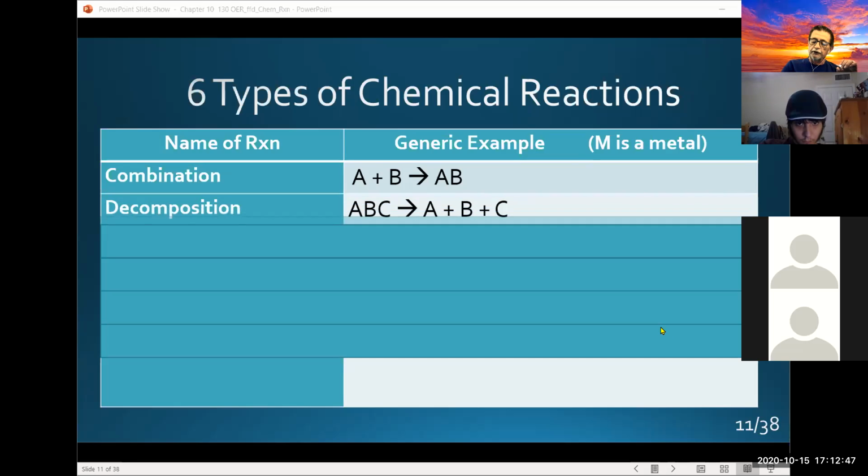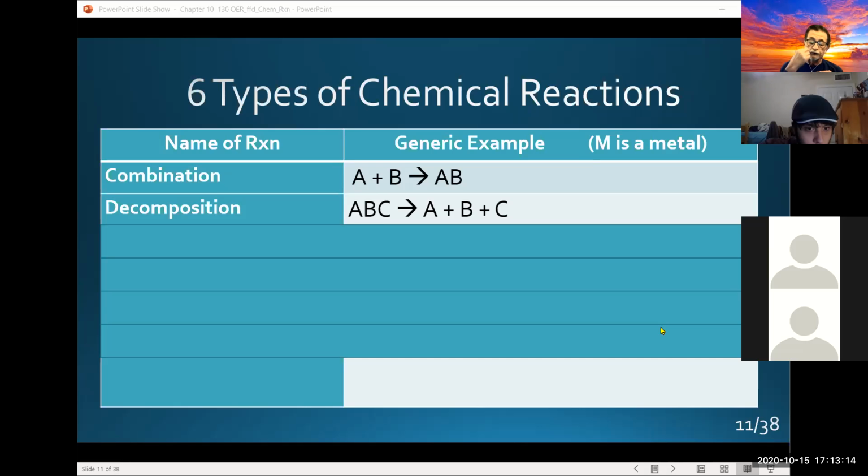Now, the other one is basically the opposite of a combination reaction. You take a compound that consists of A, B, C in this general example, and you break it down to its elements. You can use water as an example here too. H2O, if I hit it with some electrical current, I can break it up and send it back to hydrogen and oxygen.